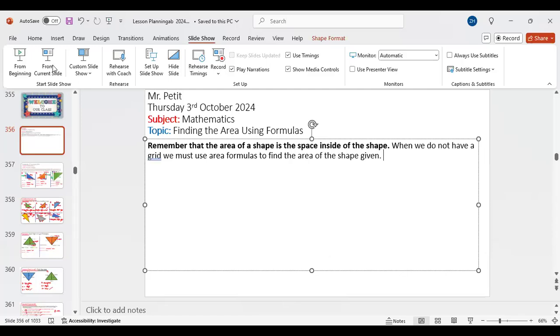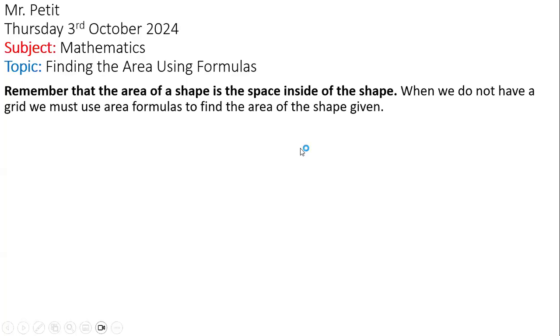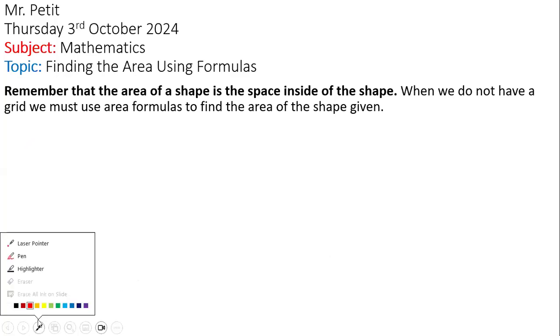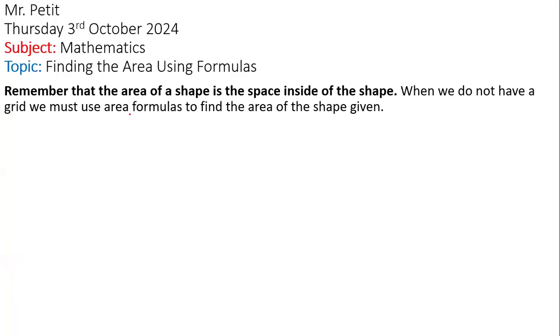So we're going to use formulas to find the area of the shape given. Write this down for me, please. What this is highlighting is that if they do not give you a grid, then you have to use your formulas to help you to find the area.